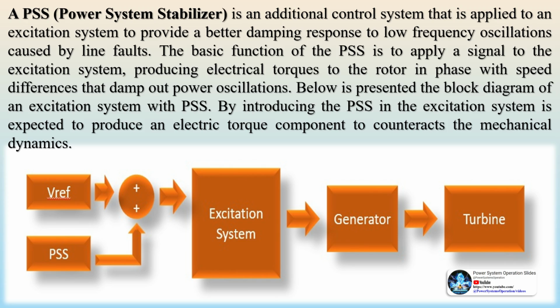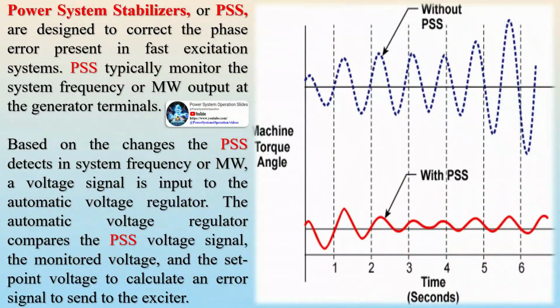These modes are present in all interconnected systems, and the damping is a function of tie line strength and unit loading factors. Weak ties due to line outages and heavy system loads can lead to poorly damped intertie modes.